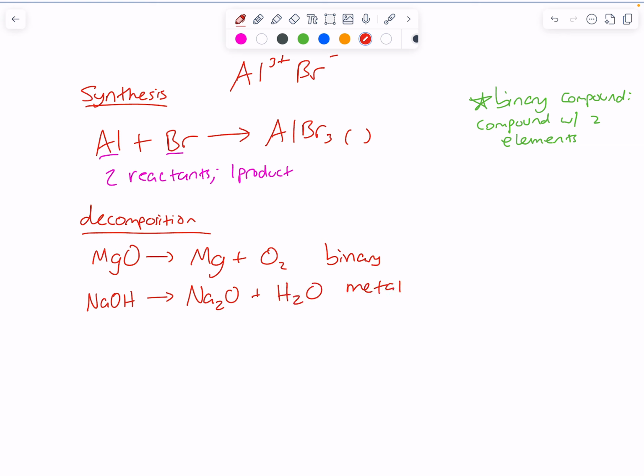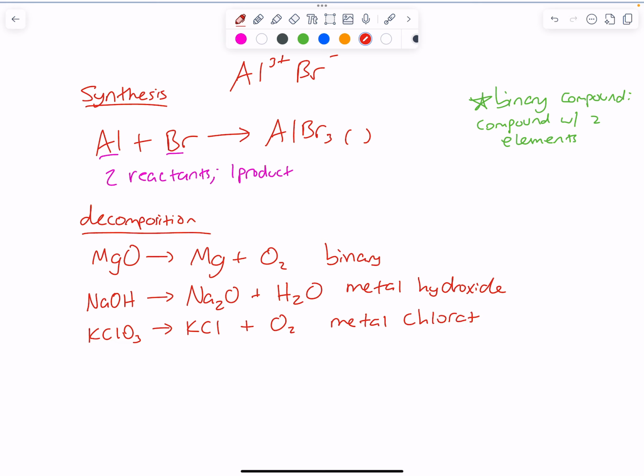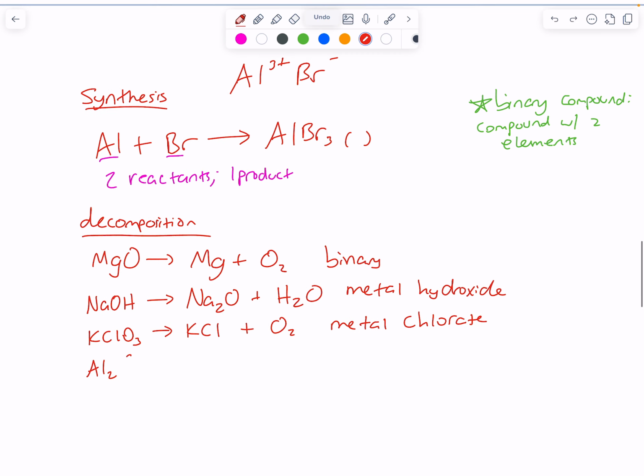Again, this is a metal hydroxide decomposition. Another type: potassium chlorate, a metal chlorate, will break down into a metal chloride and oxygen. This is a metal chlorate. A metal carbonate is a metal with carbonate.